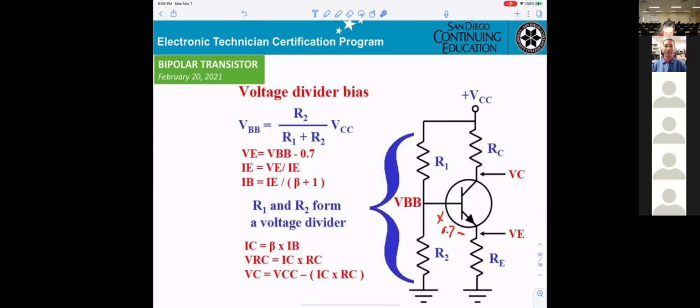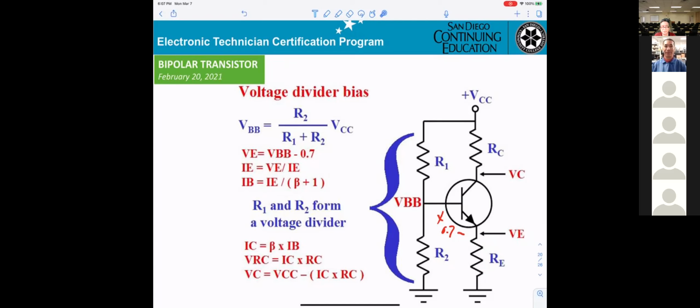Then you take VBB minus 0.7. And after you get VE, you can calculate the current IE right here. IE equals VE divided by RE. And after you get IE, then you're able to calculate IB. The formula will be IE divided by beta plus 1.